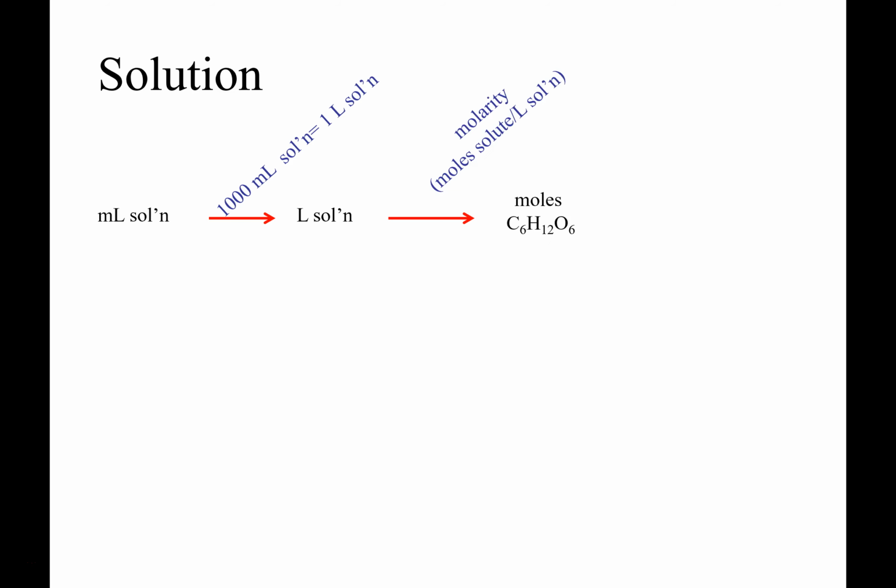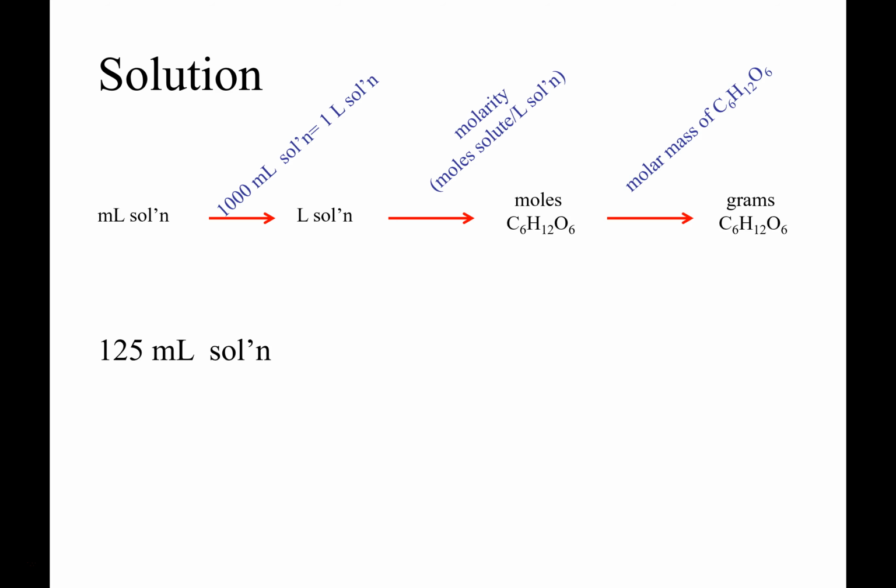So I need to convert milliliters to liters using 1,000 milliliters exactly equal to 1 liter of solution. Then I can introduce molarity to get to moles. And once I have moles, I can use the molar mass to get to grams. But again, don't forget to show that molar mass calculation.